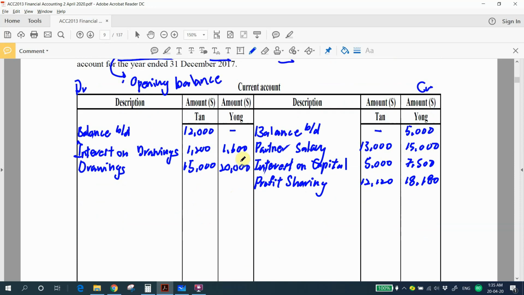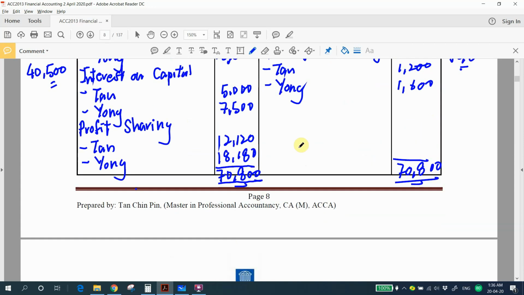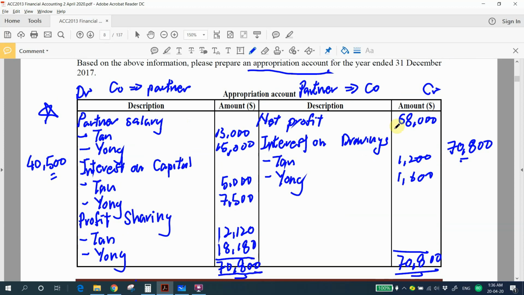So have we transferred all the information from the appropriation account and the drawings? Yes, right? But I have a question. Shall we transfer the net profit 6,868,000 to the current account? The answer is no. We are not required to transfer the net profit to the current account.